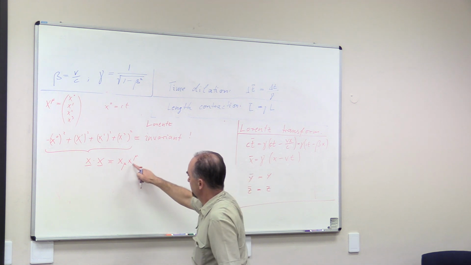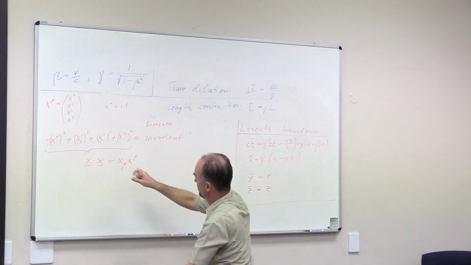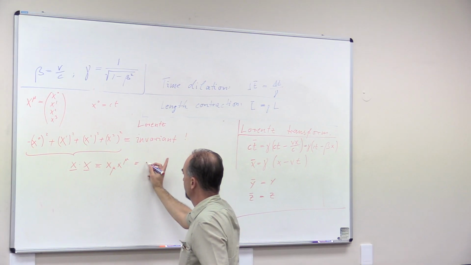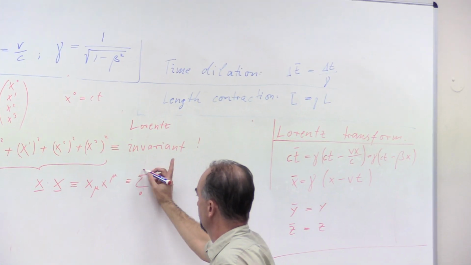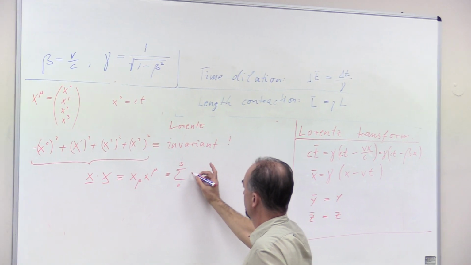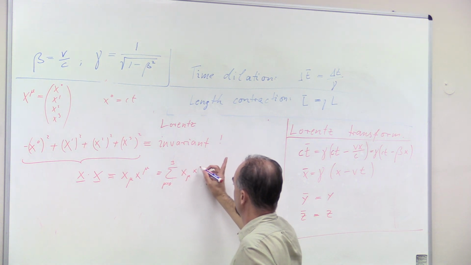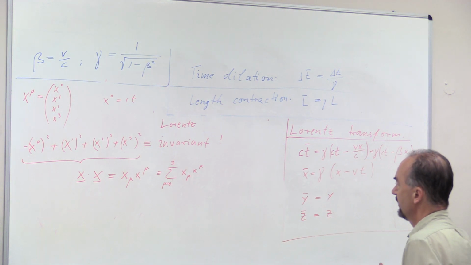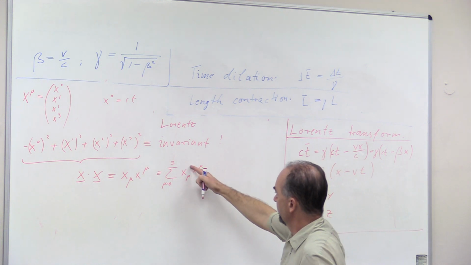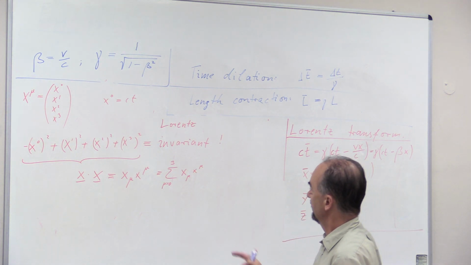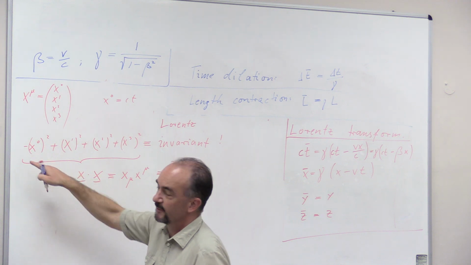So first of all, this kind of shows us that we are summing, because this is the same again, sum from mu equals 0 to 3, x mu x mu. And moving this index down is now actually what gives us this minus 1.